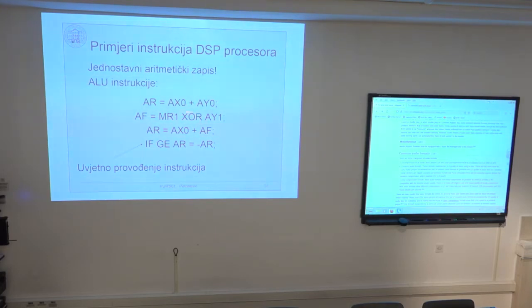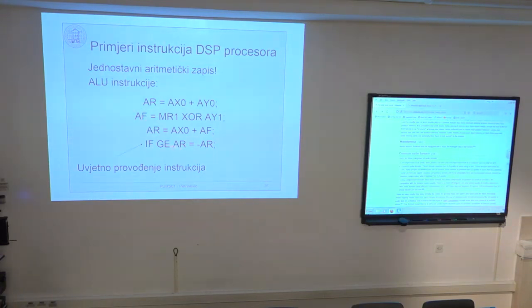And for example, I compute exclusive OR, XOR, to the AY1 value. And I store the result not in AR, but in AF register. Then another example would be AR equal to AX0 plus feedback register. So I activate this alternative right side argument with this feedback register, computed maybe from the previous assembly instruction.